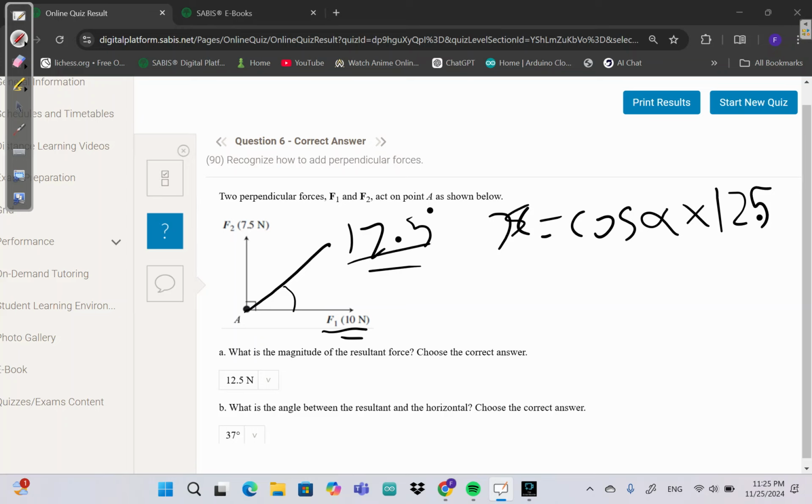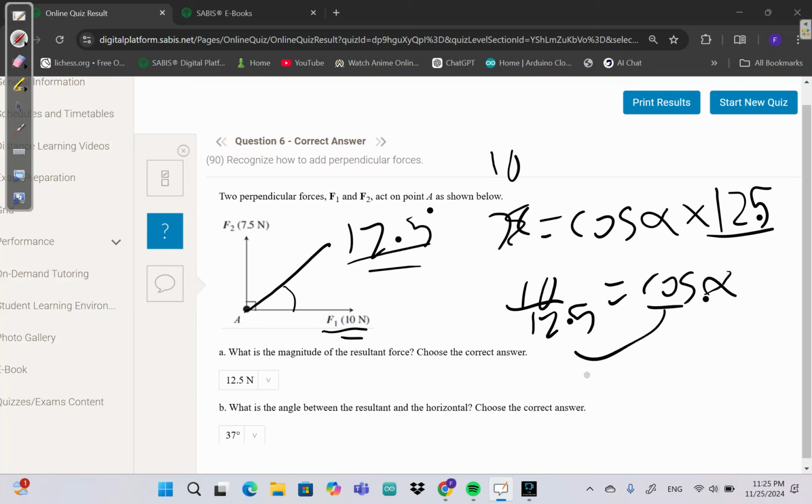So we have that x is 10. We take 12.5 to the other side. We're going to get 10 over 12.5 is equal to cosine of the angle. We take cosine to the other side. Cosine inverse of 10 over 12.5 is equal to the angle.